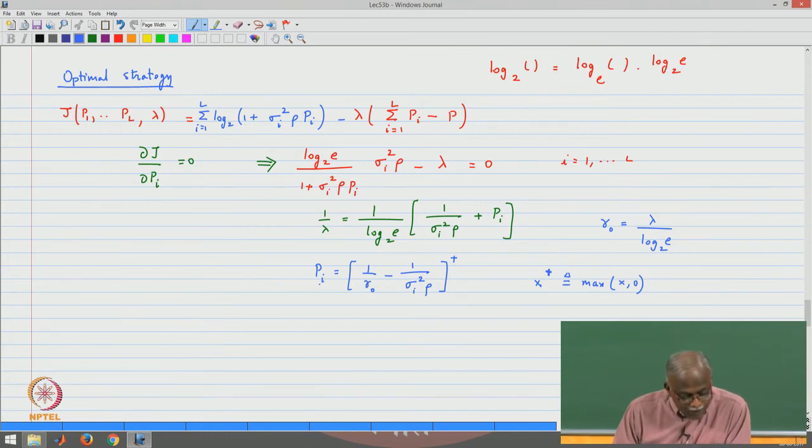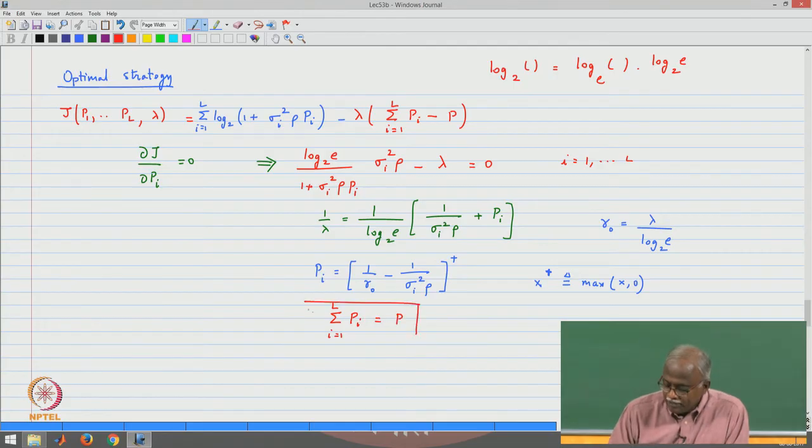Now, with these pi's, we want to find the value of gamma naught, or in other words the value of lambda, such that the condition is satisfied: summation of pi, I equal to 1 through L, must be equal to p.